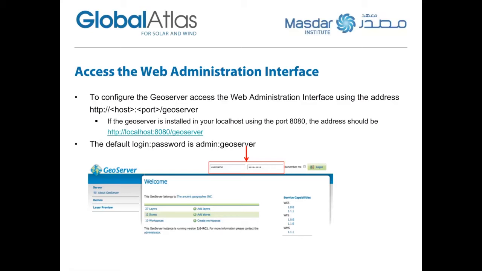If the Geoserver is installed in your localhost using the port 8080, by default, the address should be http://localhost:8080/geoserver, as is stated on the slide. The default login and password is admin for login and geoserver for password. Of course, for security reasons, you should change the password.